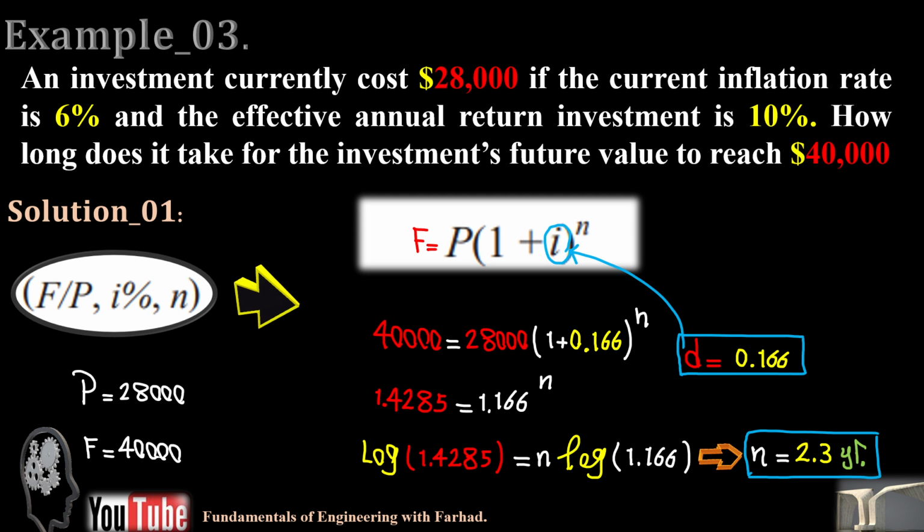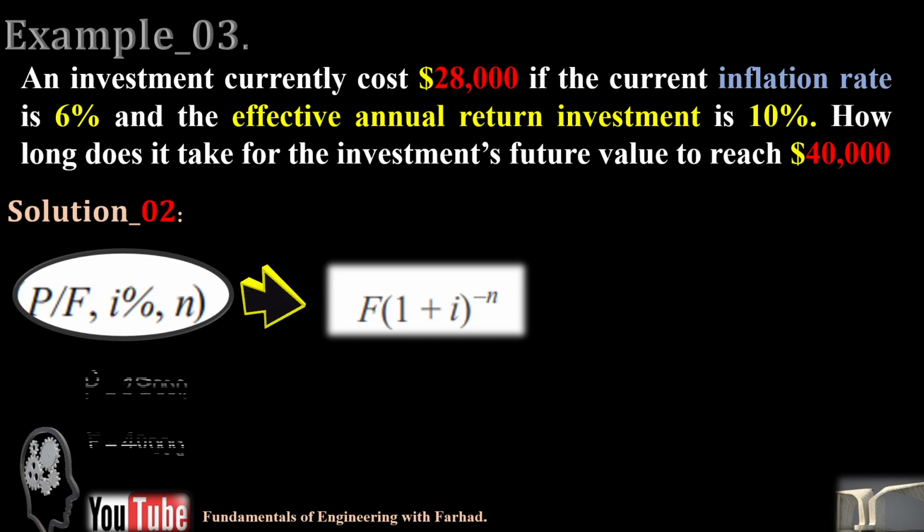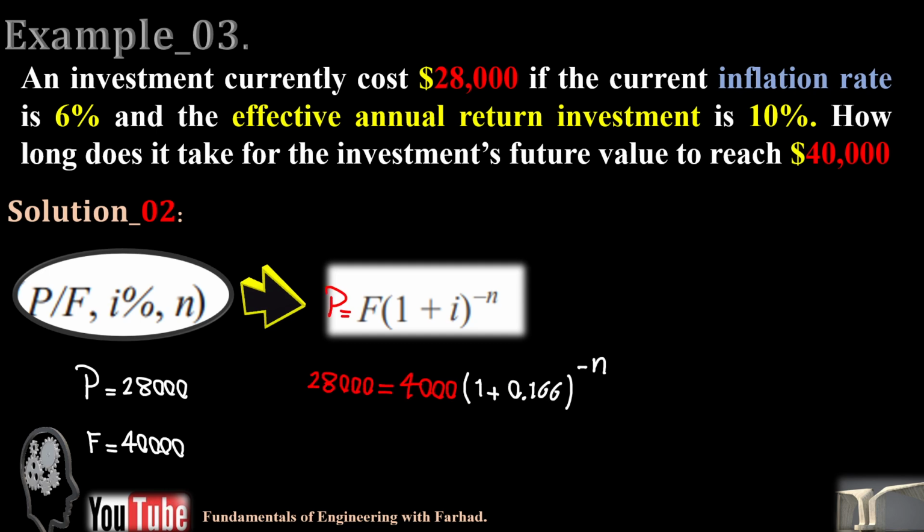We can also flip our problem in solution 2. We can also calculate the present value based on the future. Just flip the equation and it gives you present value is future times in parentheses 1 plus I to the negative n.